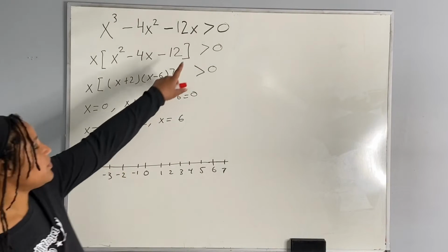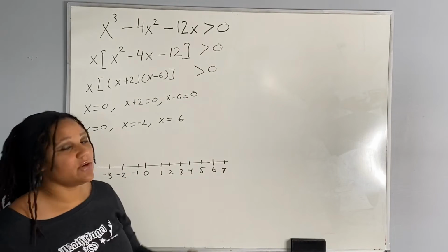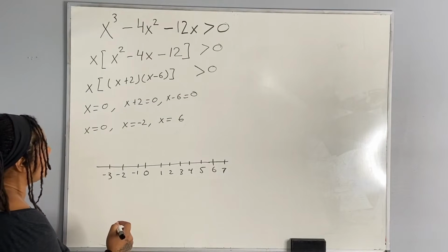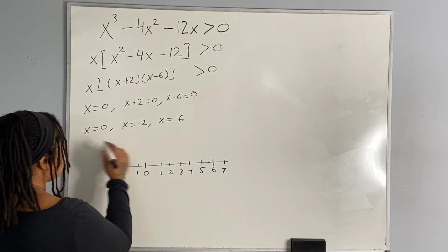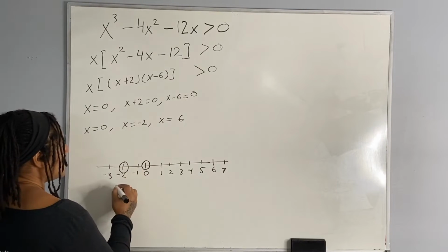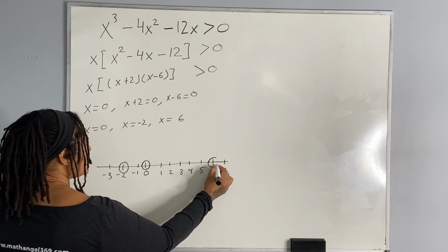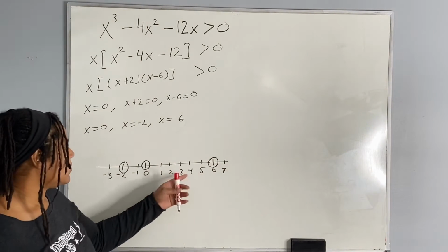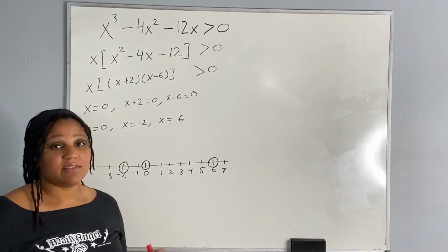Since we only have a greater than sign and not a greater than or equal sign, we know that x cannot equal 0, it cannot equal negative 2, and it also cannot equal 6. But we don't know if x can equal anything in between these values.